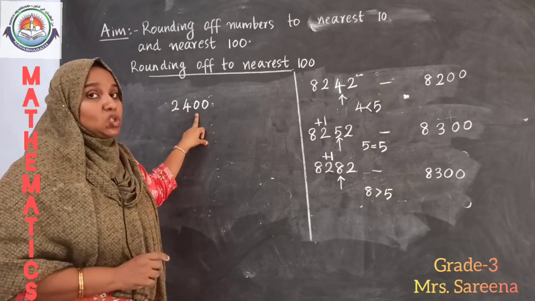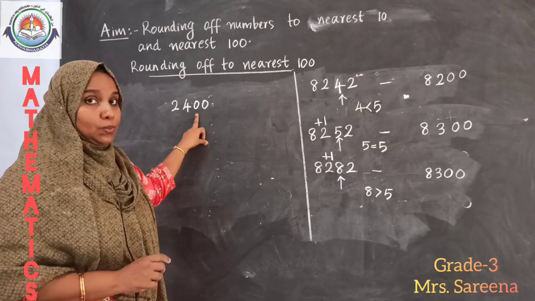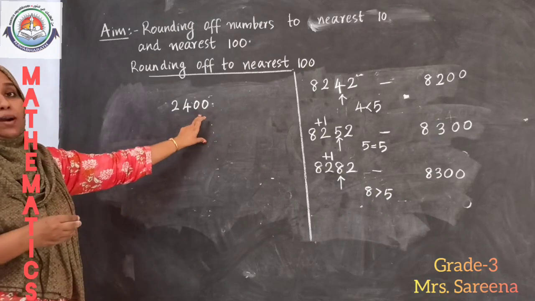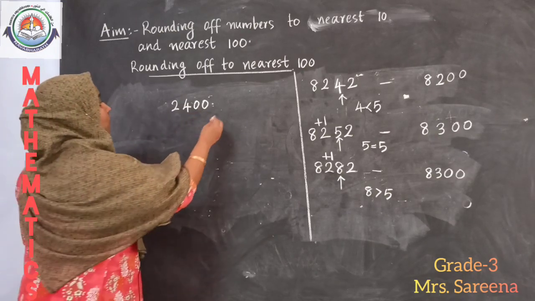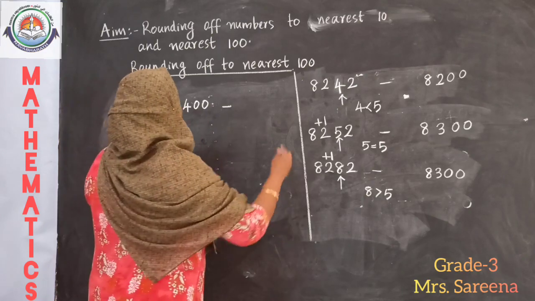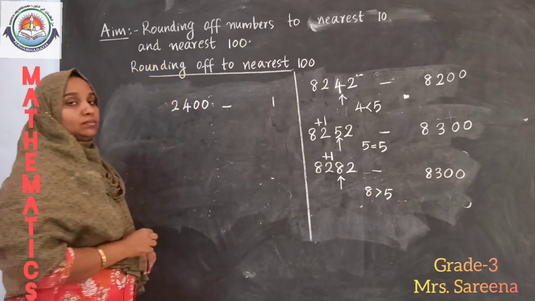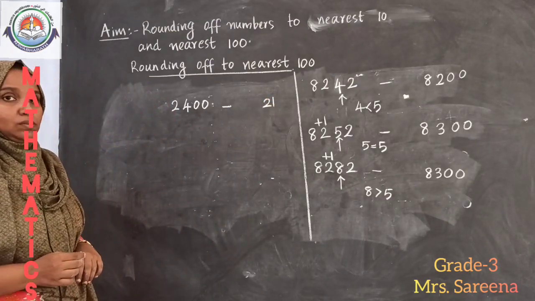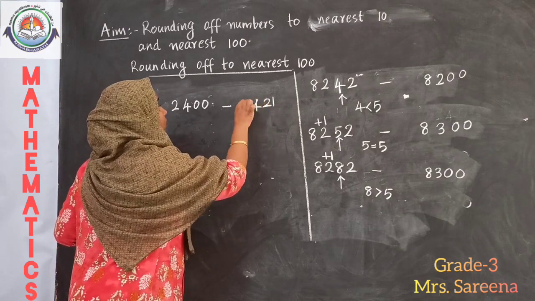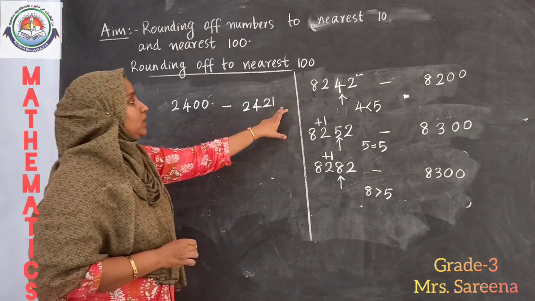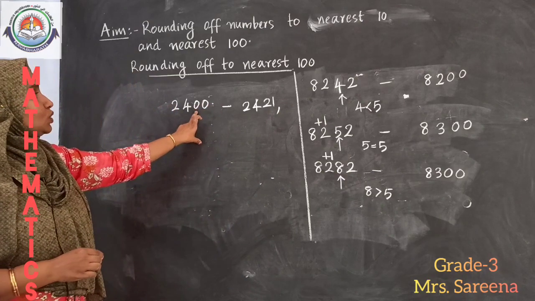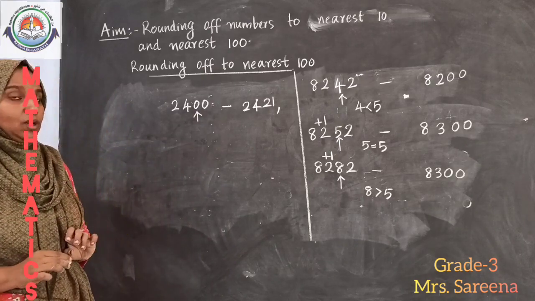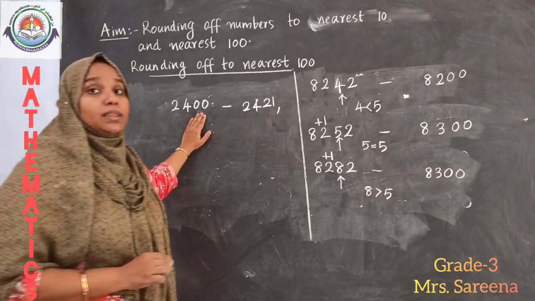So how to do this, children? We can put any two digits here. First we can put 1 here. And we can also put 2, then 2421, because the digit at the tens place should not be greater than 5.